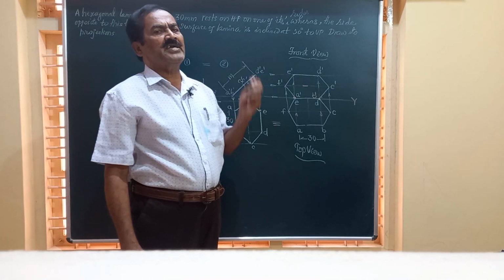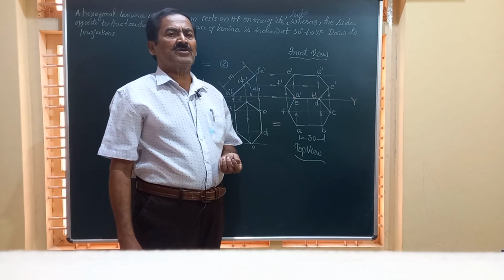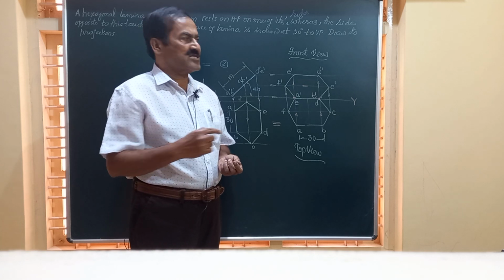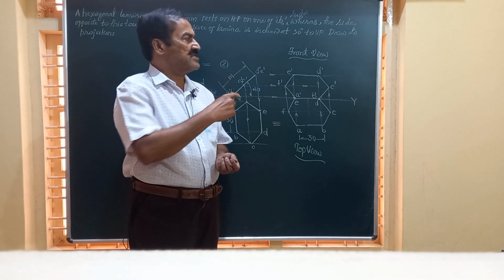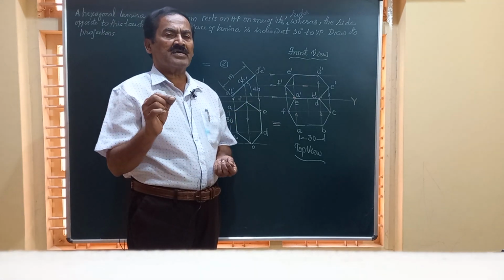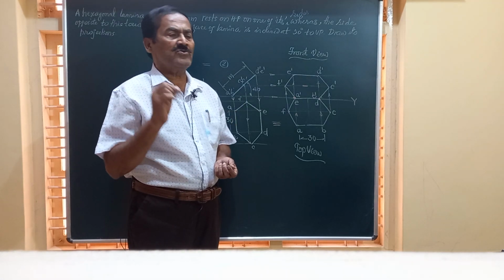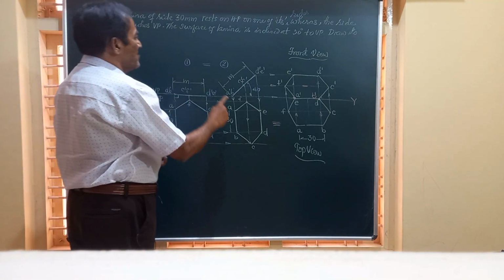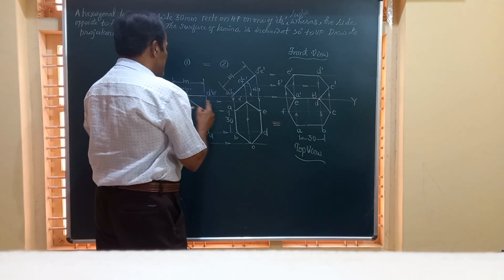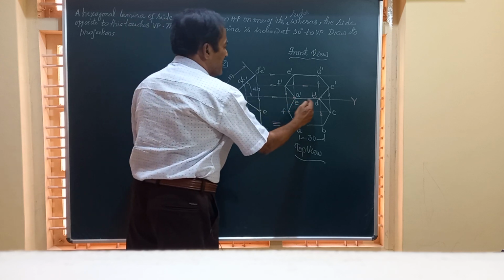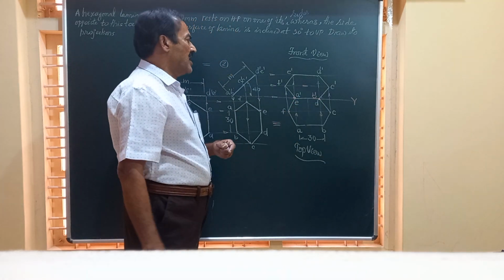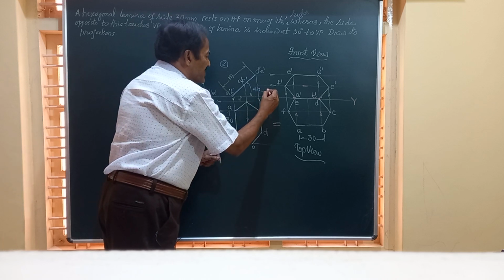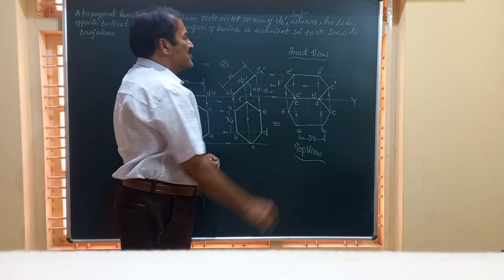Friends, after completing the problem, it is our duty as a student to check whether the solution we have got, that is the front view and top view, are correctly drawn or not. So how to verify? You can see here, the lamina is resting on HP on one of the sides. That side is AB, as you have seen. And its surface is inclined at an angle of 40 degrees to HP, that is theta, that is given in the question.